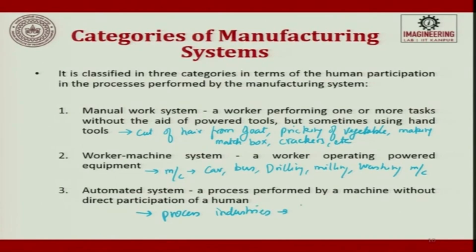So, it looks at temperature, pressure, time, humidity, something like that, and then it tries to control the process. When we look at the automated system, today we are talking about car assembly, which is completely automated, wherein they use robots and no human intervention, the human is only used for supervision.